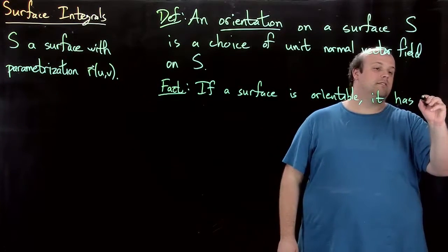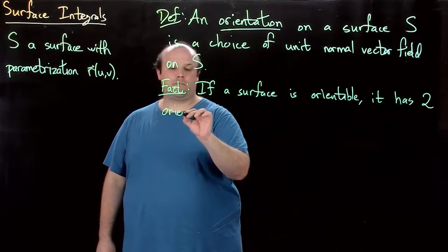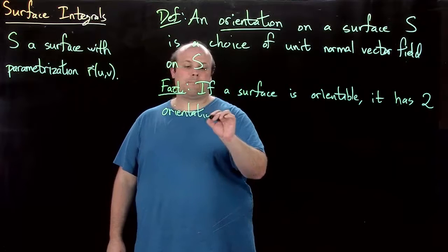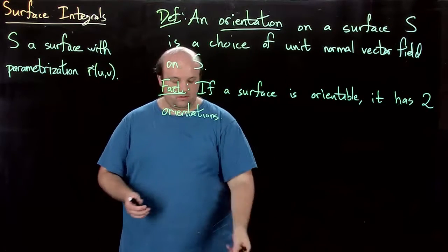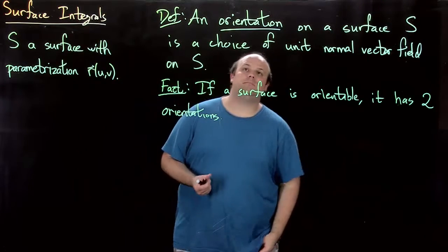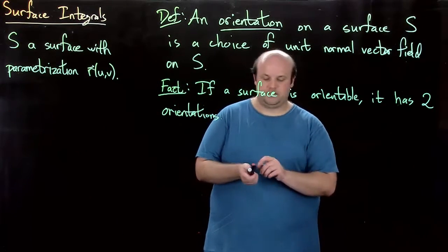It has two orientations. So a surface is orientable if it has an orientation, of course.